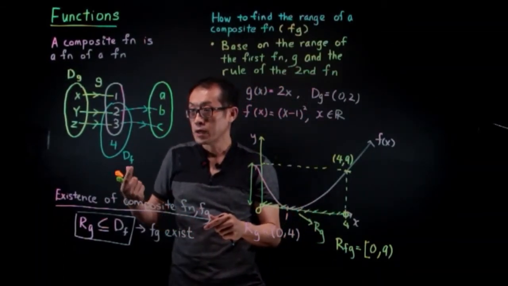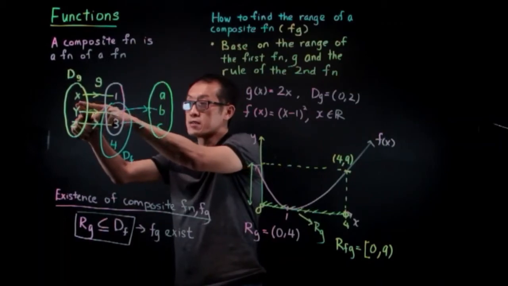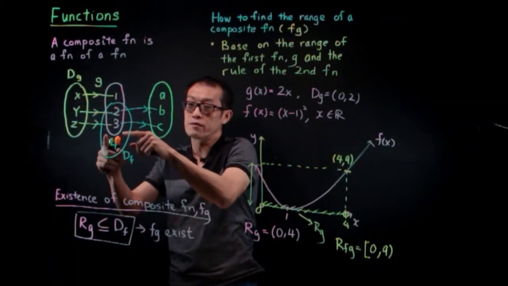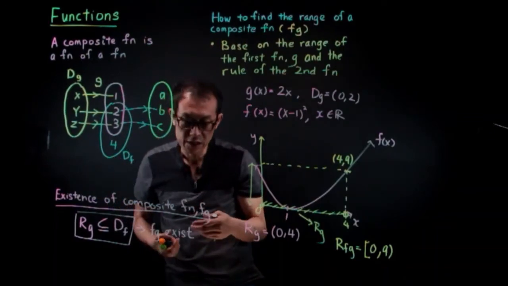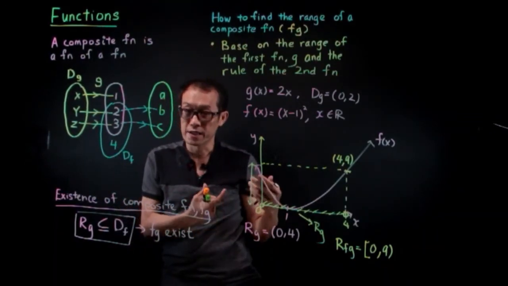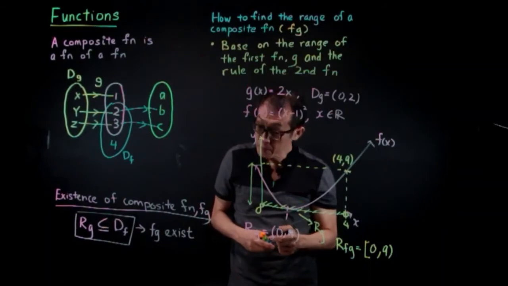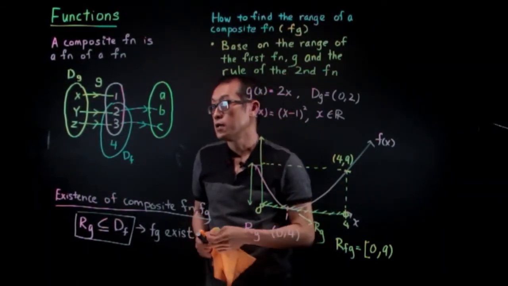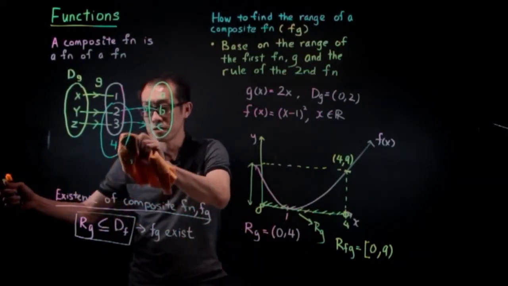So in this case, there's no image for x. So the composite function fg does not exist. Now let me just erase this.